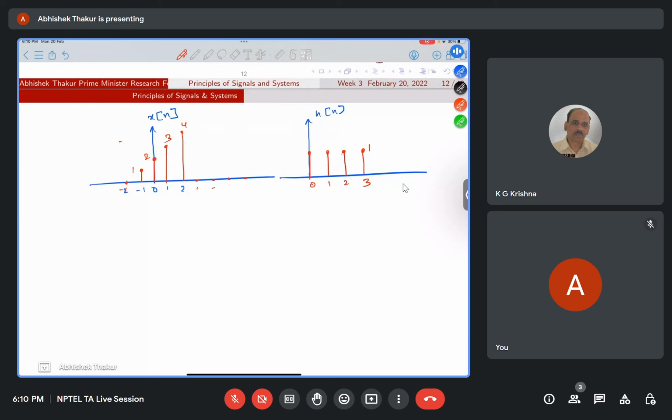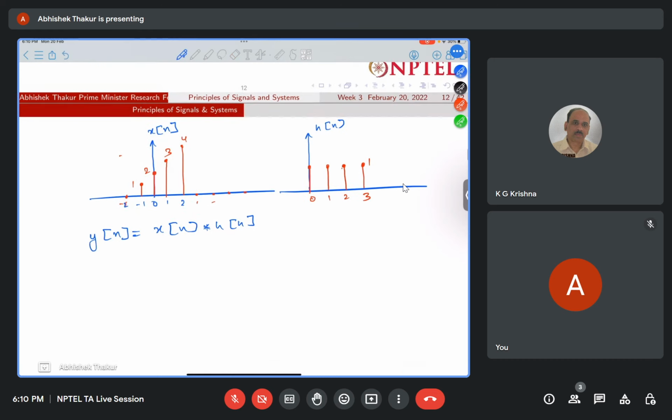So we can write y(n) equals x(n) convolution h(n).